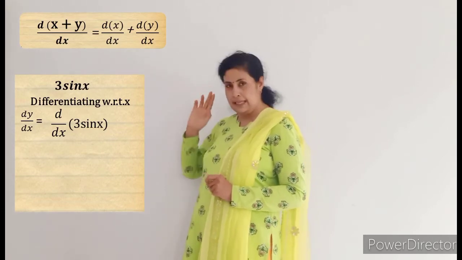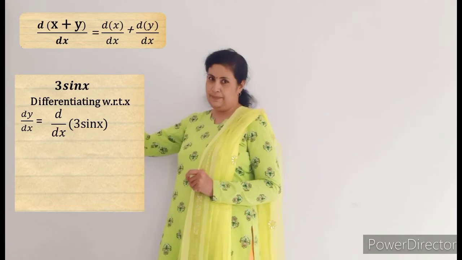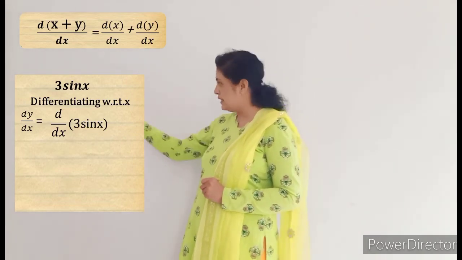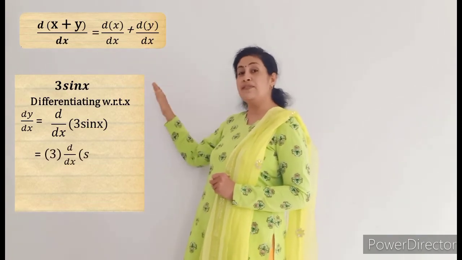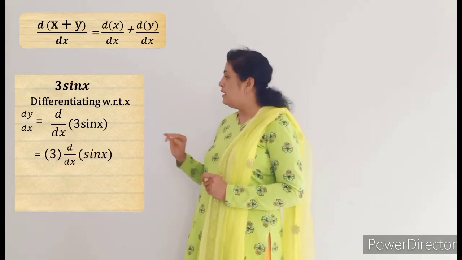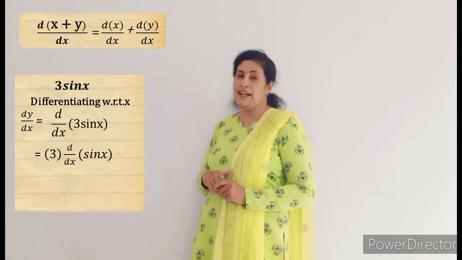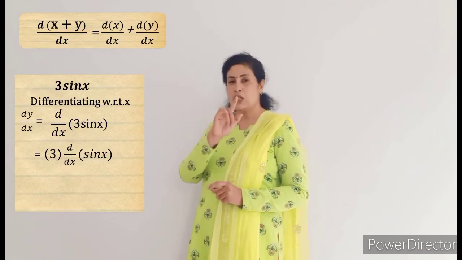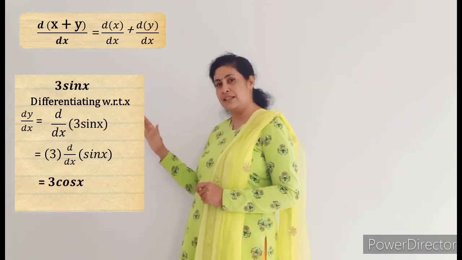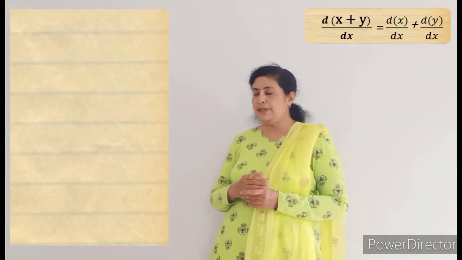So we take 3 outside and we differentiate sin x, that is 3 d by dx of sin x. This is the rule. Now 3 will remain as it is, and d by dx of sin x is cos x. So 3 into cos x. This is the answer.